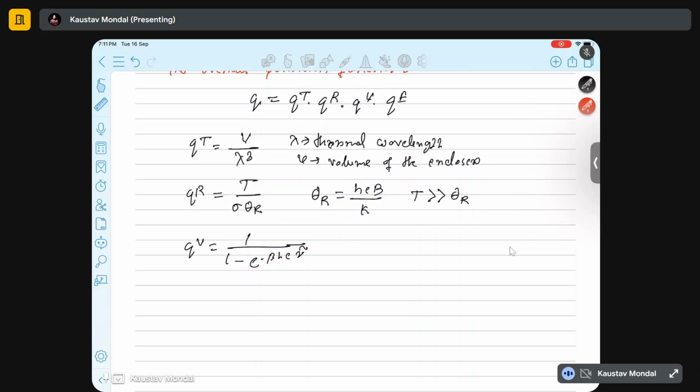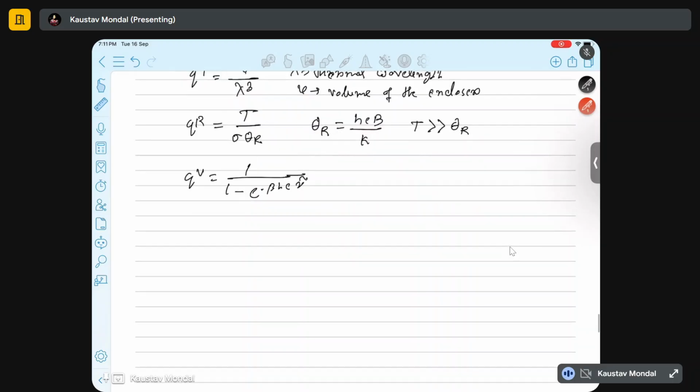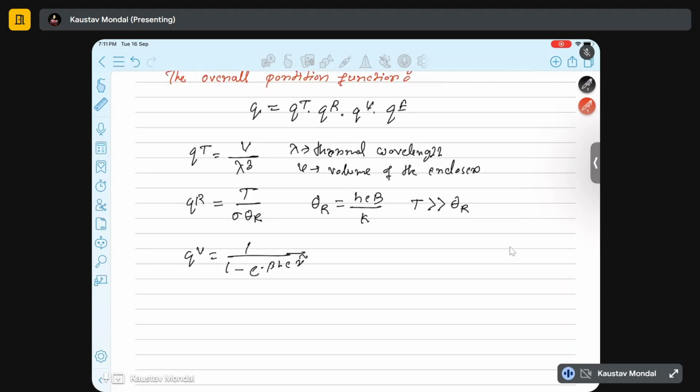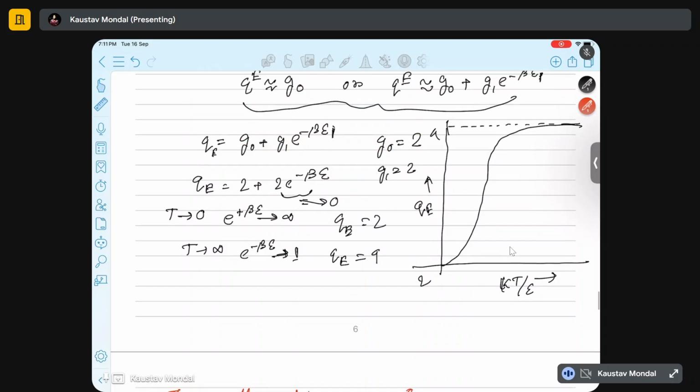Now the electronic contribution is the remaining part. The electronic part we will discuss later, but the electronic contribution is already actually done here.